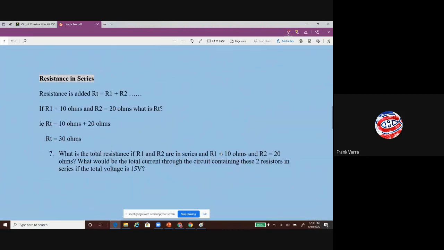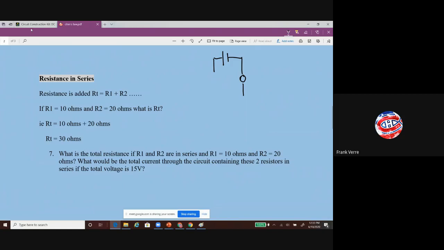So when we add things in series, remember that means that you have a battery. So the symbol for the battery is something like this. And imagine that we have a light bulb here.